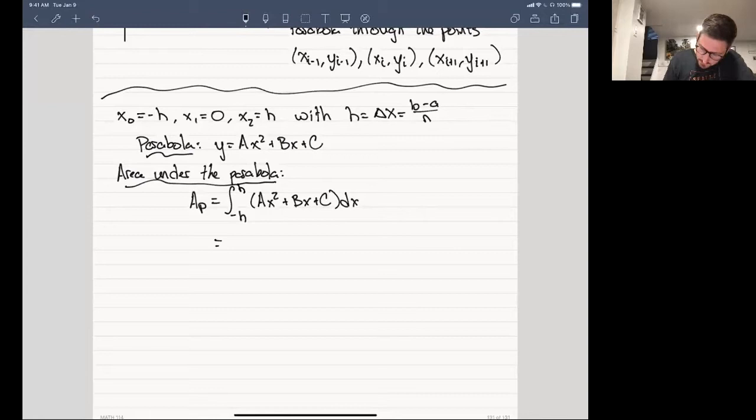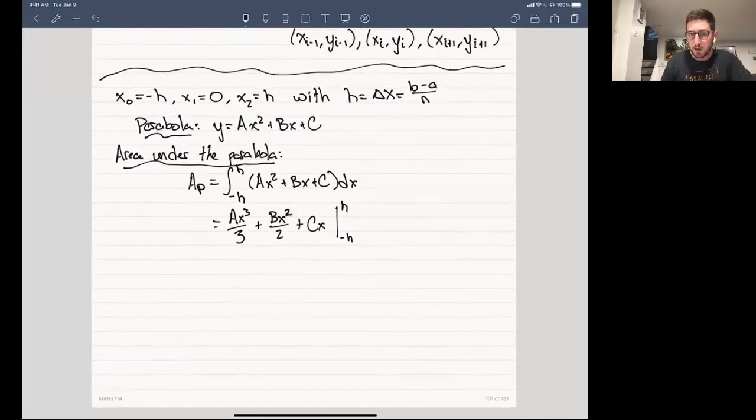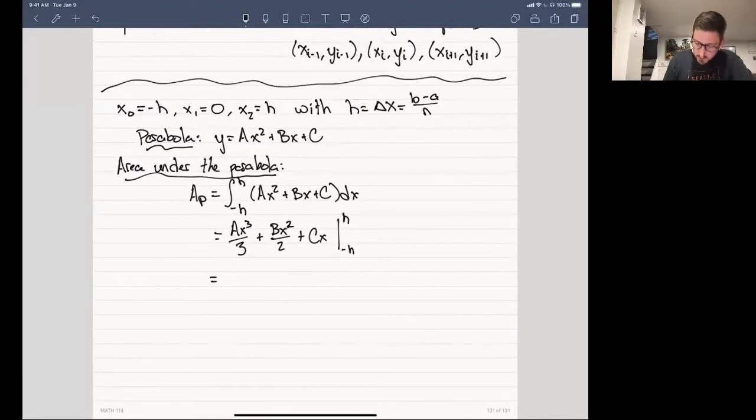So we get ax cubed over 3 plus bx squared over 2 plus cx, and that's running from minus h to h. In fact, if you plug h into this thing, you're going to get 2ah cubed divided by 3 plus 2ch.